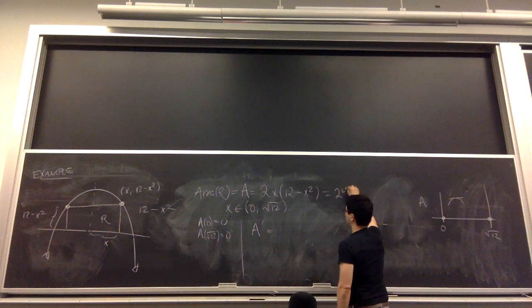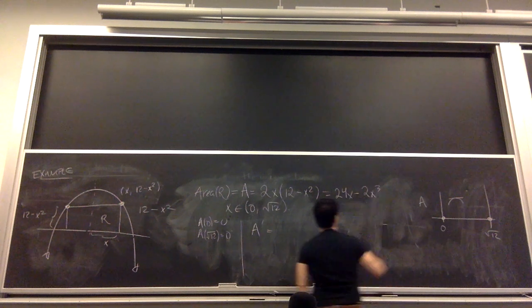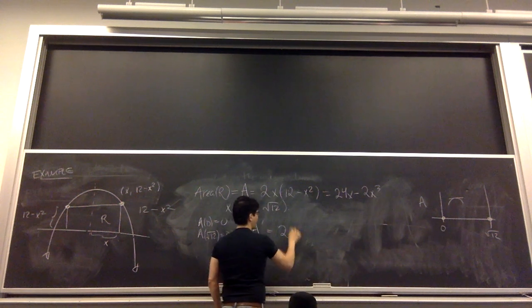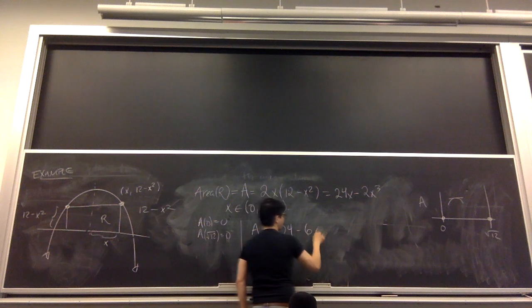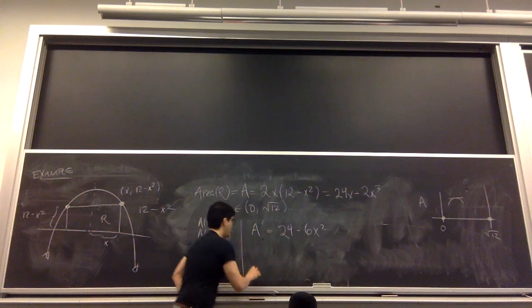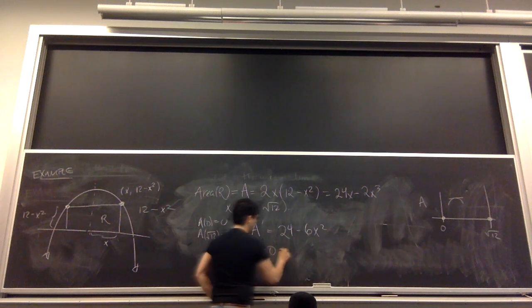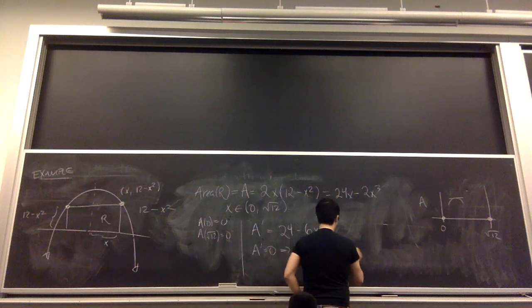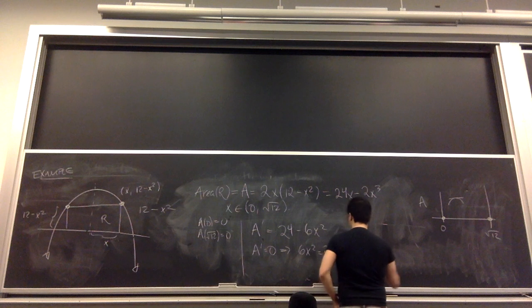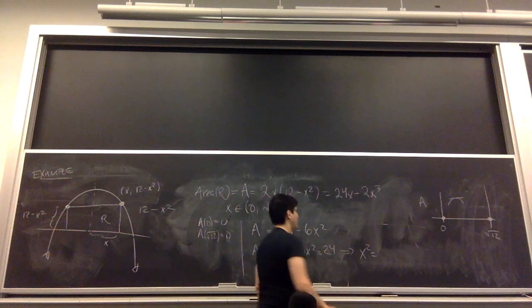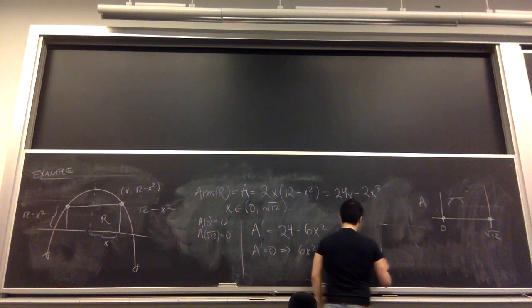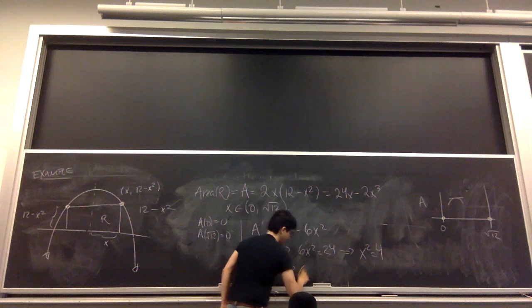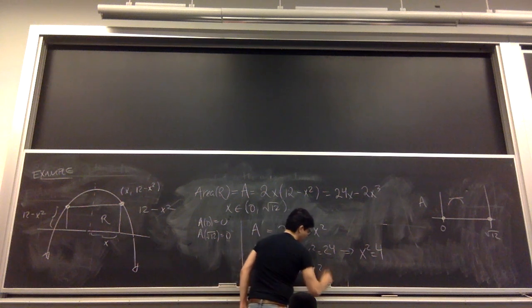We're going to get 24x minus 2x cubed. So the derivative of the area is 24 minus 6x squared. Setting that equal to 0 means that we have 6x squared equal to 24, which means that x squared has to be equal to 4. So this really means x is either plus 2 or minus 2.